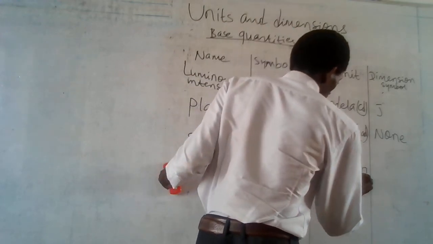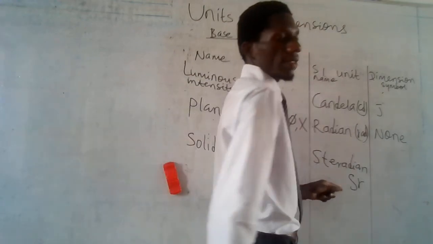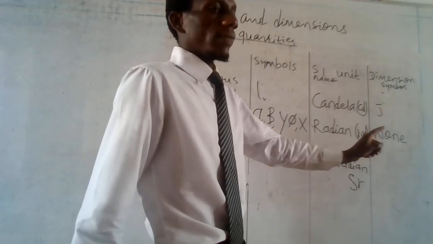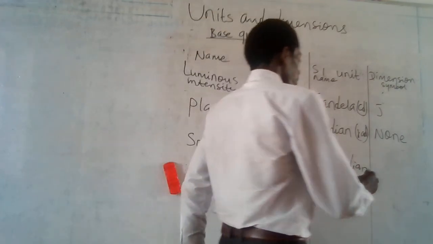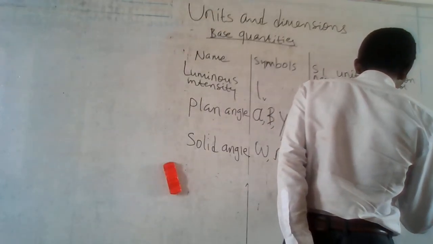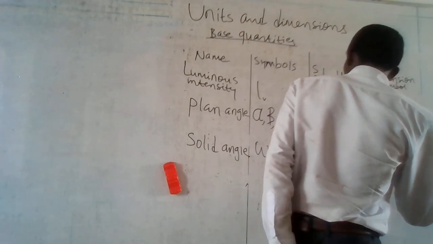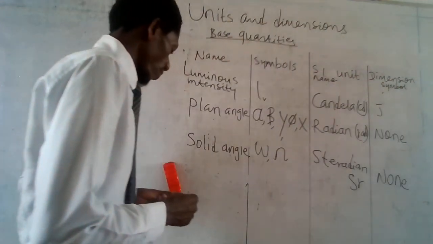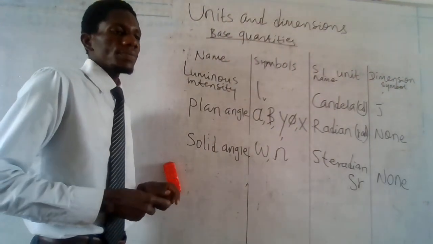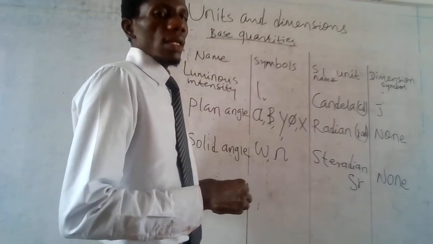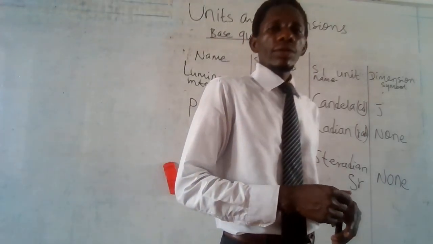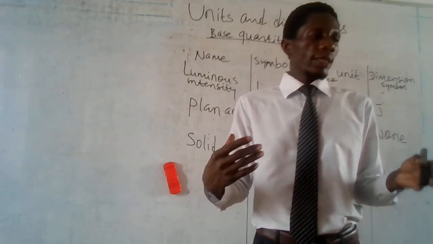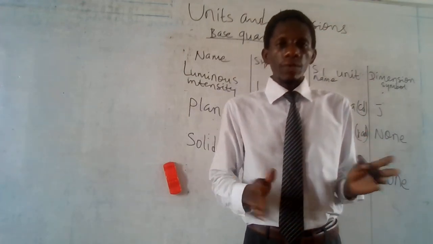And then we have no dimension symbol for plane angle or solid angle. Next, we are going to look at the general derived quantities.